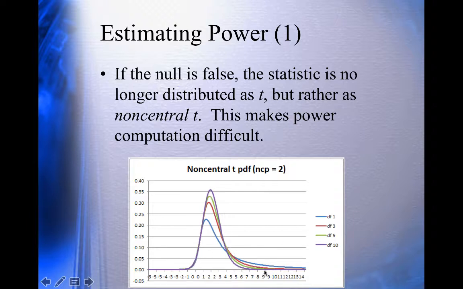You notice that with 10 degrees of freedom, it's starting to look pretty much like t. It's not so bad. And so if you've got a lot of people, the non-centrality isn't going to be much of an issue. But I'm going to show you how to do the power computations, because you're going to want to do it right. If you do it wrong, your reviewers will complain and you'll feel bad.